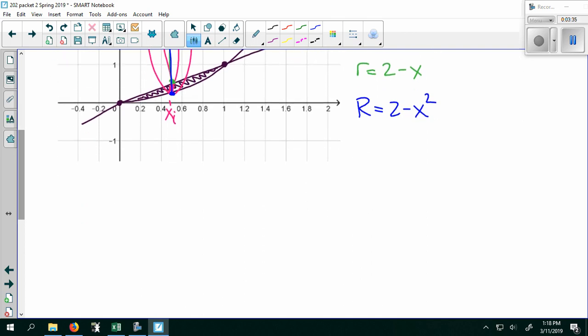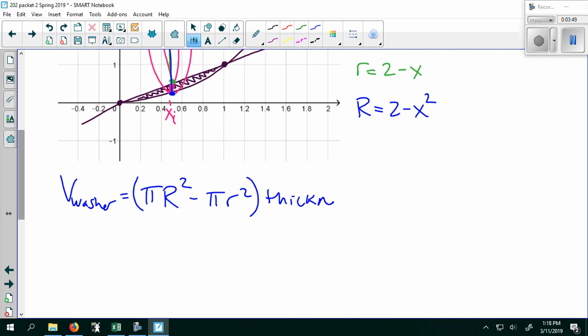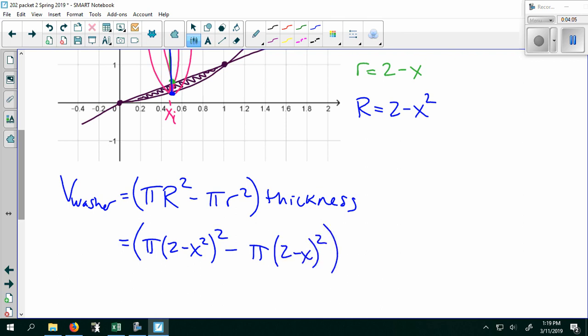So the volume of my washer, which is pi R squared minus pi little r squared times thickness. So this is pi times big R, which is (2 minus x squared) squared, minus pi times little r, (2 minus x) squared, times the thickness of the washer.